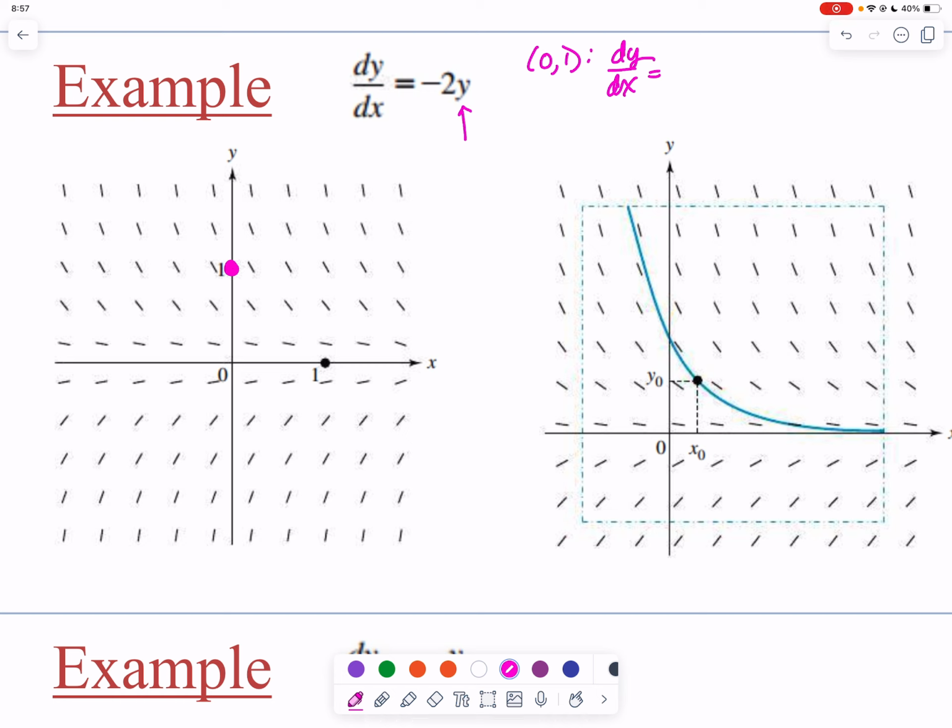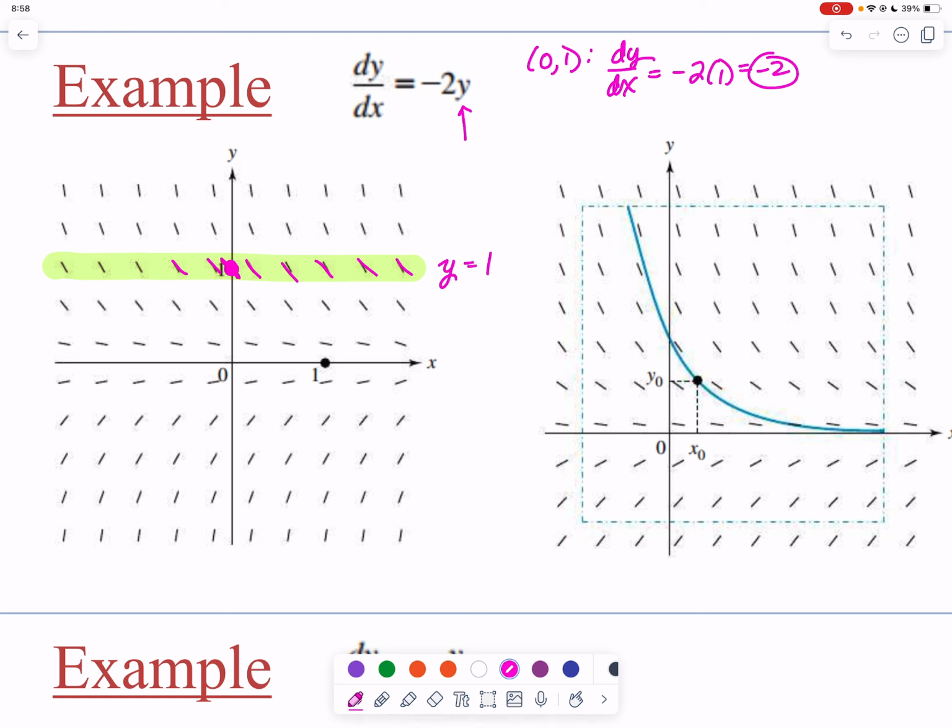So for every x coordinate, we will have a different slope mark. But for every y, when y is equal to 1, we will always have a slope mark with slope -2 times 1, which is -2. You can see here that all of these slope marks have slope -2, and that's because y was equal to 1.